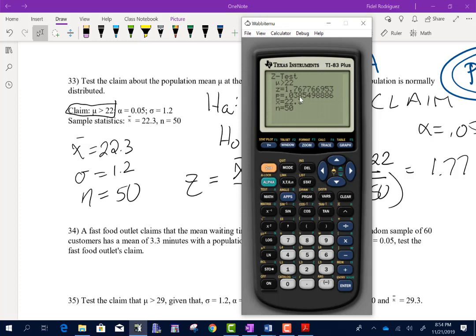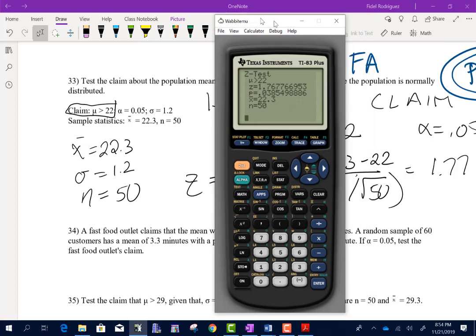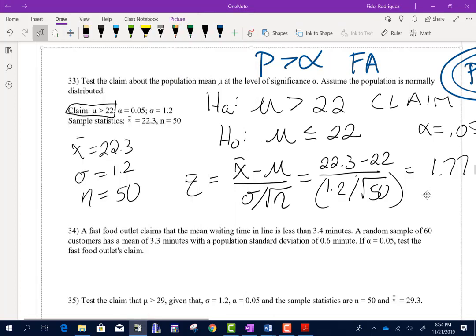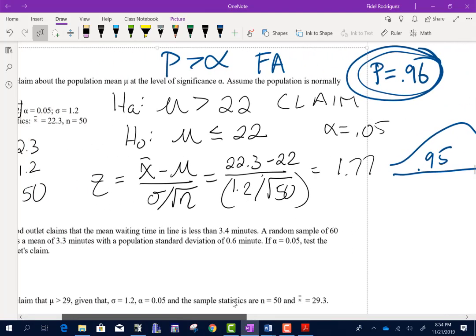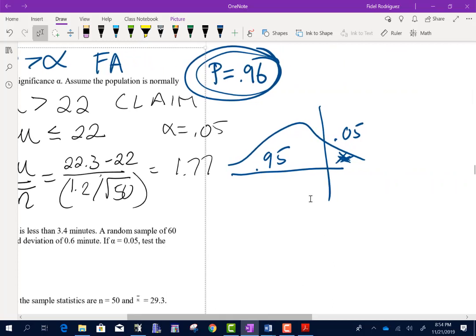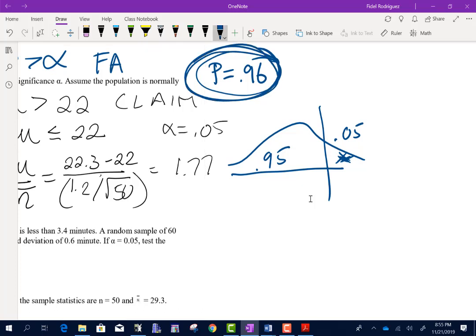So I'm trying to figure out why I came up with something different. All right, I know where I'm making a mistake, guys. Do you see how I'm coming up with 0.96 right here? My p in this case is not the area to the left.